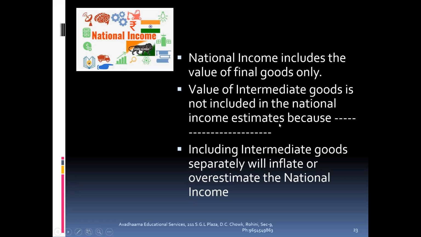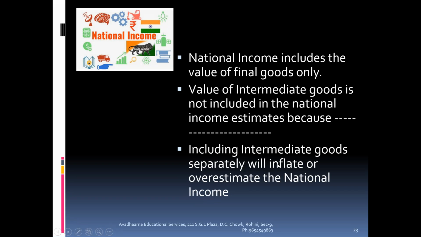Because the intermediate goods need more value to be added to them. Then only they are ready for the final consumption. Fine. So including intermediate goods separately will inflate and overestimate the national income, because the value of the intermediate good is already included in the final good.